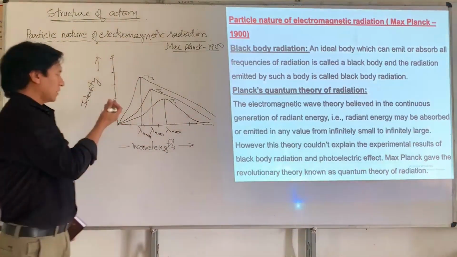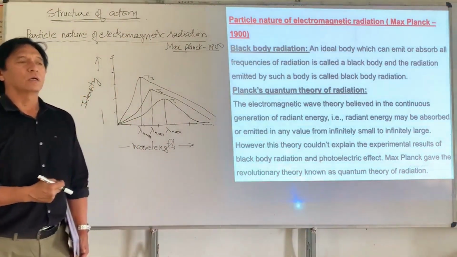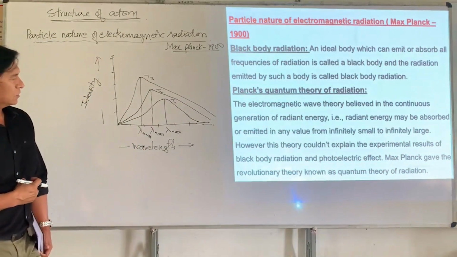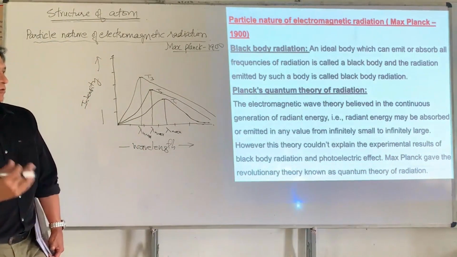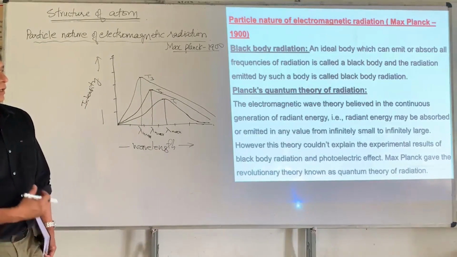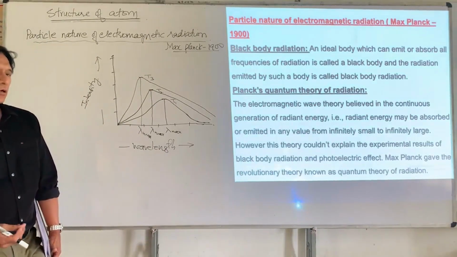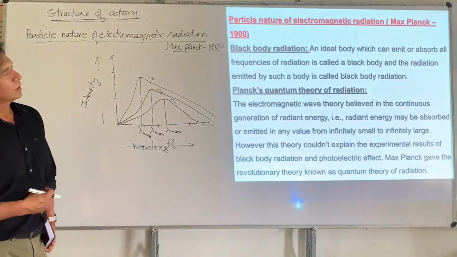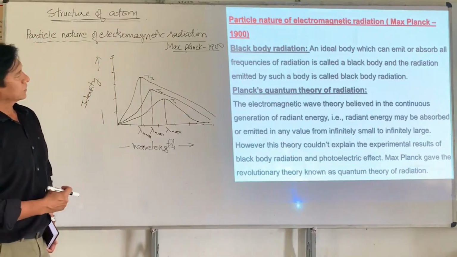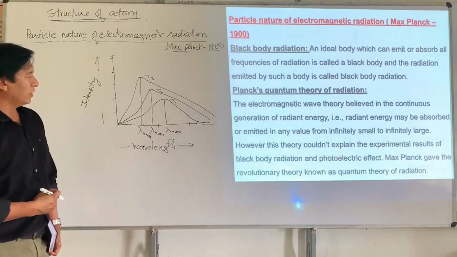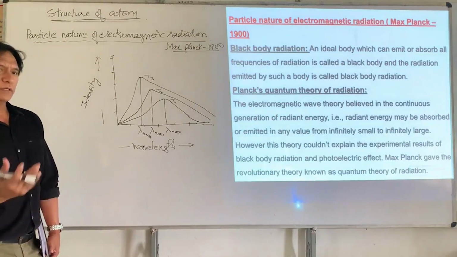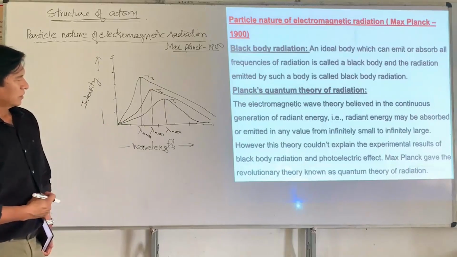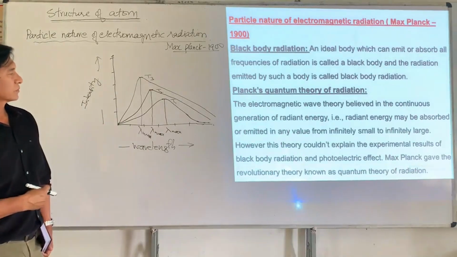Now, as far as black body radiation or the photoelectric effect is concerned, these could not be satisfactorily explained with the wave nature of electromagnetic radiation, or electromagnetic wave theory, because in the electromagnetic wave theory, it is believed that energy is given out continuously.